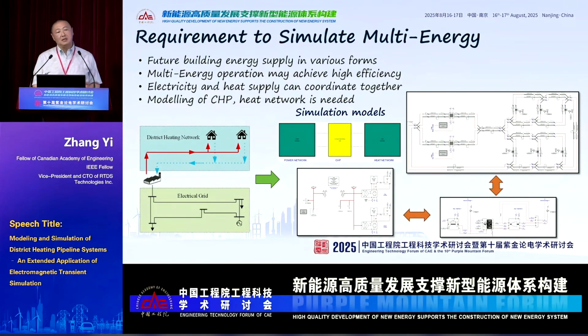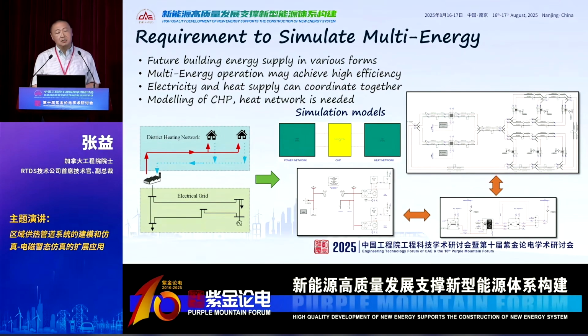Some places, especially in European countries and some parts of China, say that if we can provide heat energy and some electricity at the same time, it will increase the overall efficiency. Heating and electricity can complement each other, reducing the overall cost and also better protecting the environment.